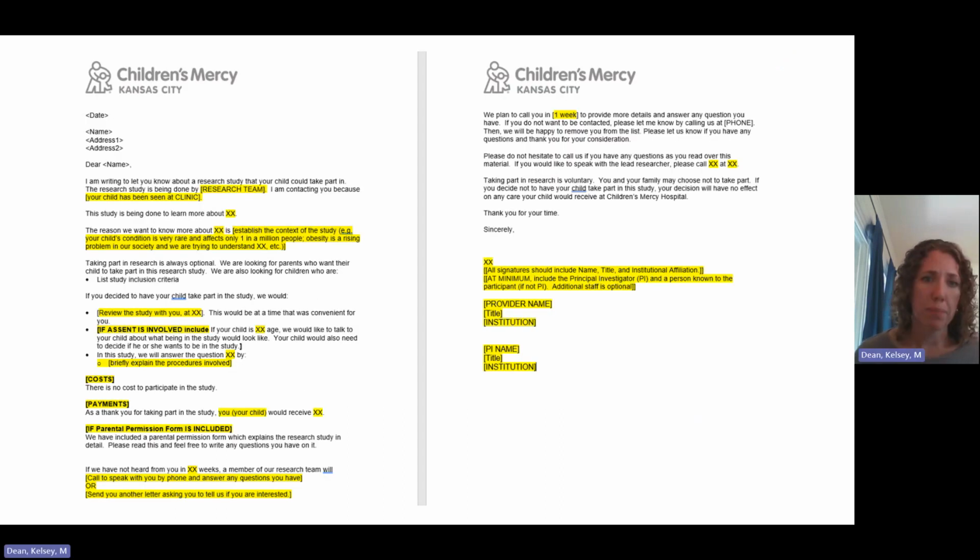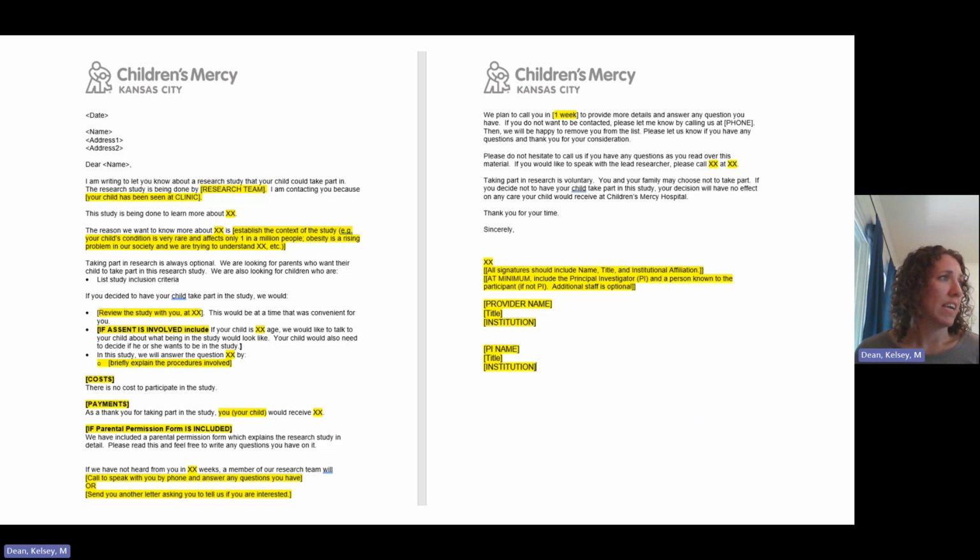So I have a couple examples of opt-out letters. This is one that we pulled from the Children's Mercy My IRB library tab, their website. It has different letters that we can use, but this one's been adapted to fit for our opt-out purposes.